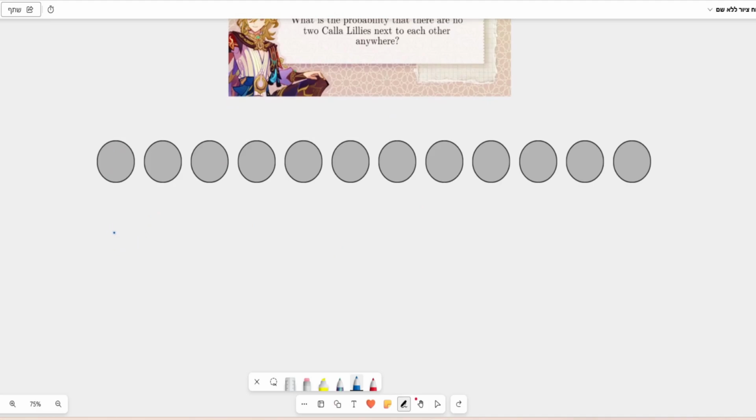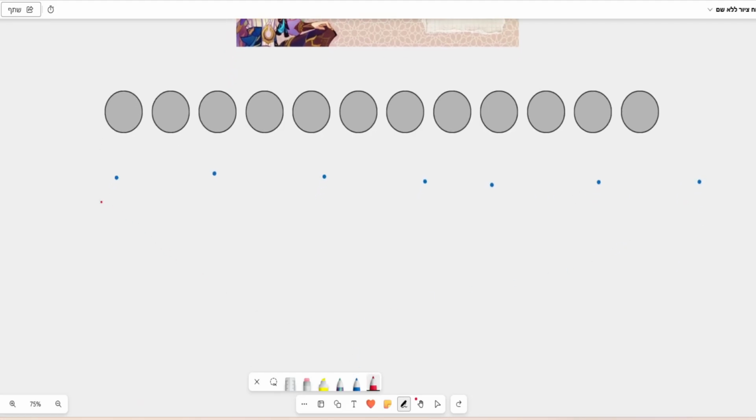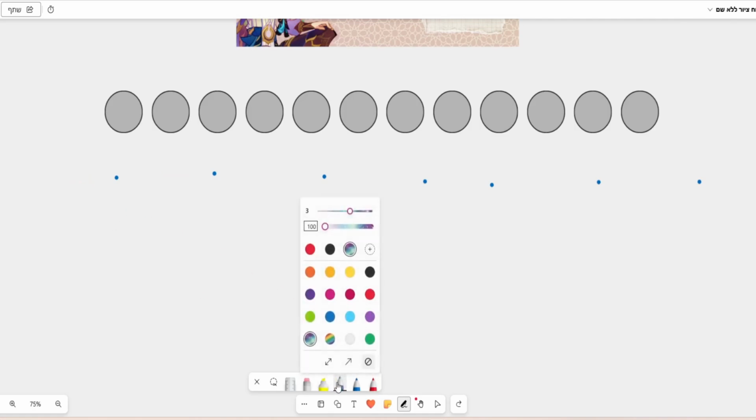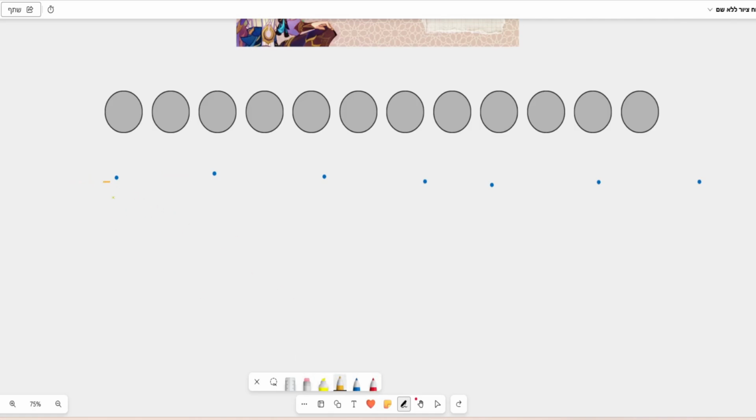Let's first just put 7 of these, 1, 2, 3, 4, 5, 6, 7, and then say in each one of these spots, you cannot see it. In each one of, oh, I can just use this. Can you see it? Yeah, okay, nice. In each one of these spots, I can put a lily.